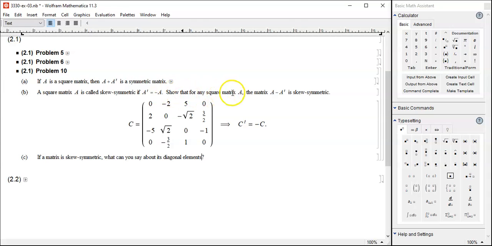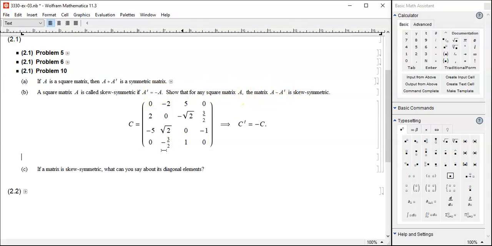Show that for any square matrix A, the matrix A minus A transpose is skew symmetric. Here A plus A transpose is symmetric. A minus A transpose is skew symmetric. We have some kind of duality going on here. We have negative, so we have negative. What do you have to prove?